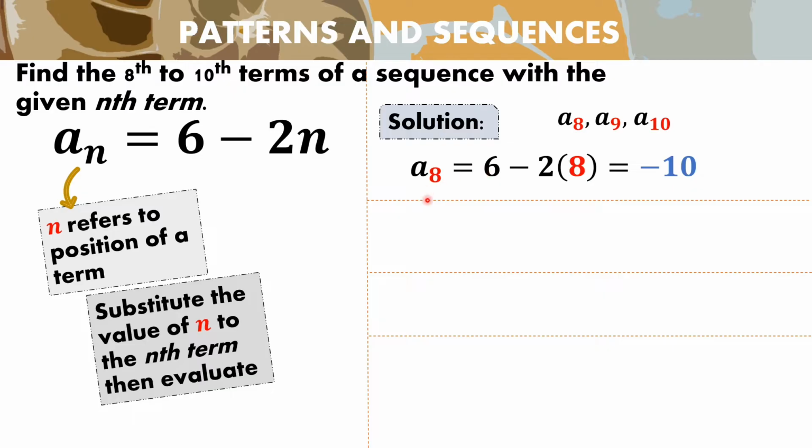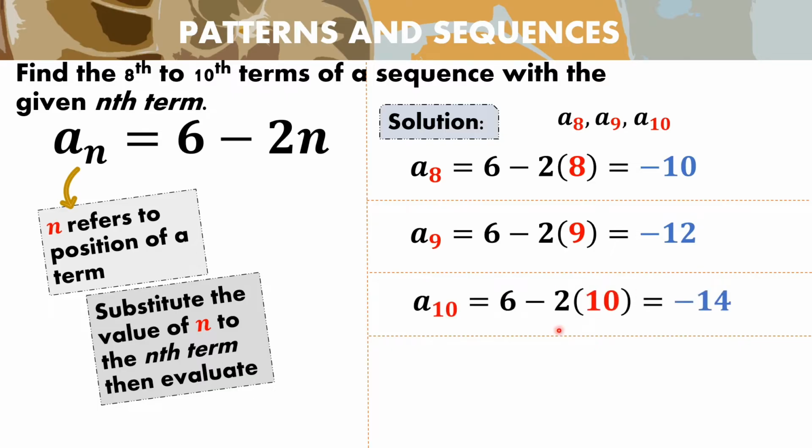A sub 8 equals 6 minus 2 times 8, since it is the 8th term, equals negative 10. A sub 9 equals 6 minus 2 times 9, because n is equal to 9, equals negative 12.